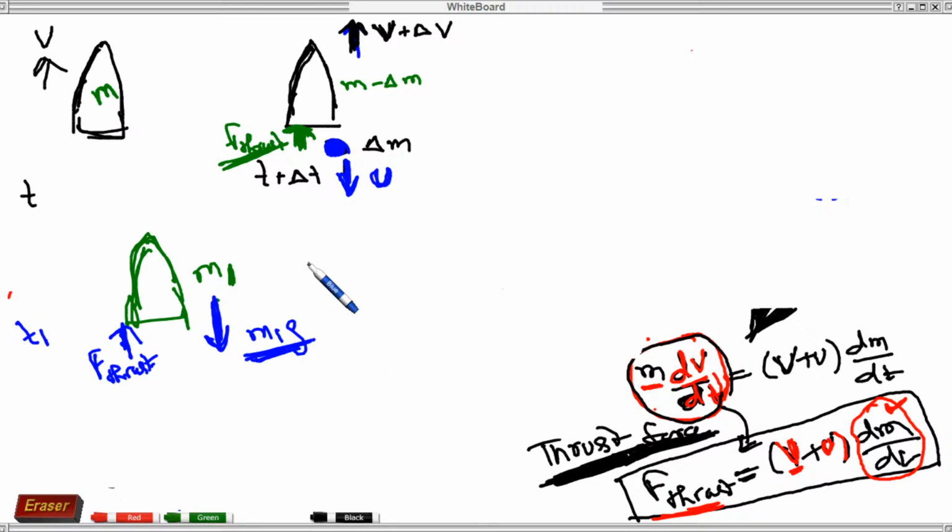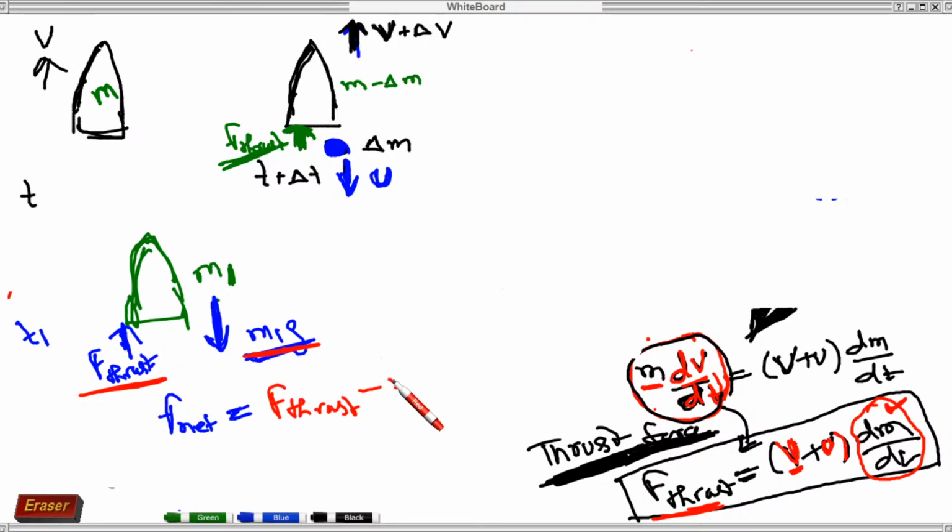So what would be the net force in the upward direction? F net. F thrust will act upward, m1g will act downward. So the upward force will be F thrust minus m1g, and F thrust we calculated here.